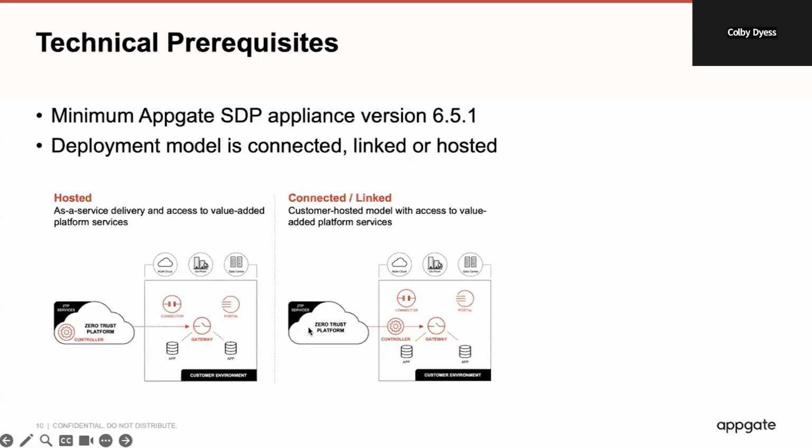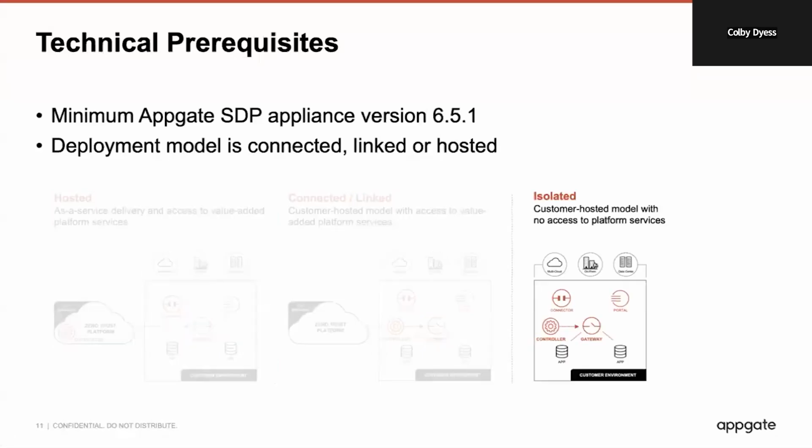So if your Appgate collective is already hosted, then application discovery is pretty easily available to you, something you can try out. The same goes if you are connected or linked. If you are running an isolated collective, that really just means that your collective is running entirely by itself. You're not linked or connected to ZTP.